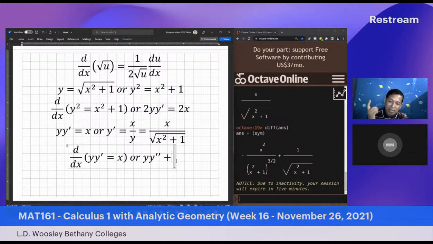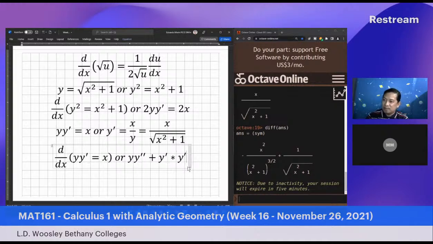Ulit. Nalito po. In UB, derivative of UB. Oh, d du plus UDB. Oh, dito, pero diniretso ko na to. Y derivative of y prime is y double prime plus y prime derivative of y. What is y prime derivative of y? That's y prime times y prime or y prime squared.